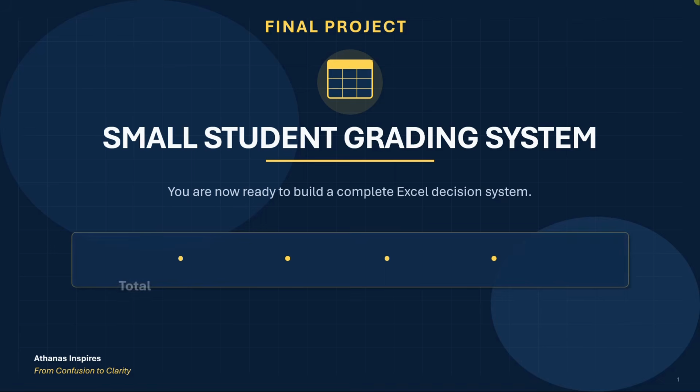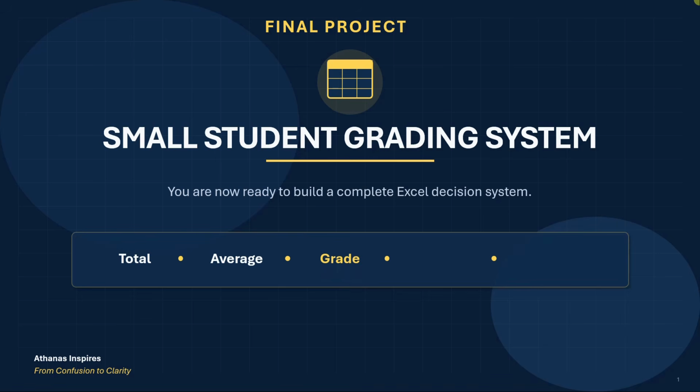First, total. Excel will add the subject marks together. Then average. Excel will calculate the student's average. From the average, Excel will decide the grade.